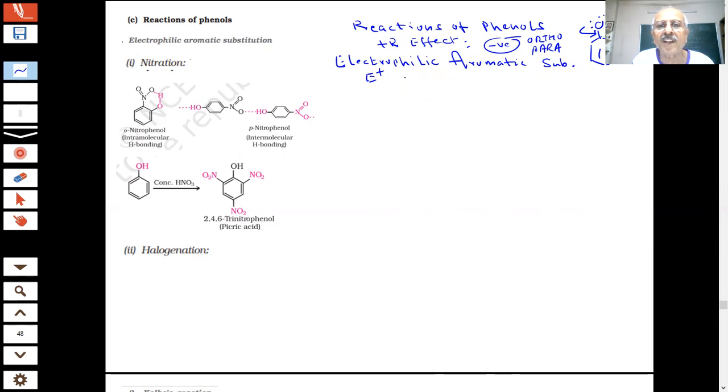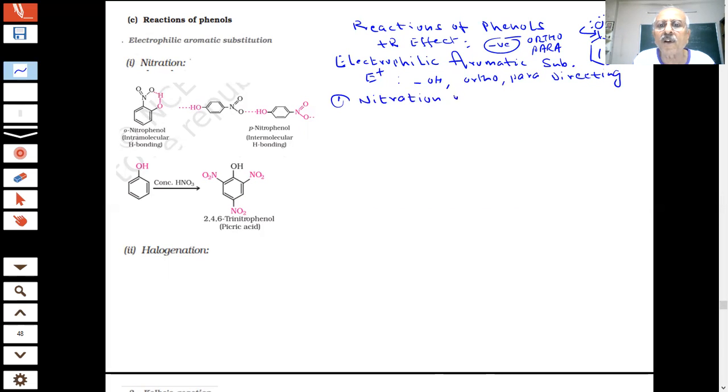These reactions will take place on the benzene ring, and the OH group is an ortho para directing group, students, because it is increasing the electron density at ortho and para positions. So one of the reactions which is always asked is nitration. Nitration, students.